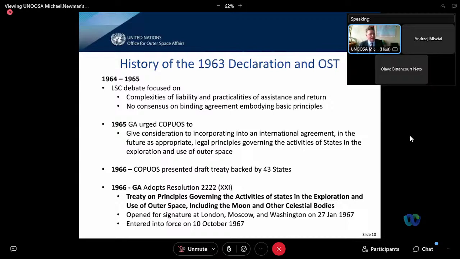And so we see the speed at which the international community came to agreement on these basic principles, how to handle various aspects of liability, and how to handle the rescue and return issues.